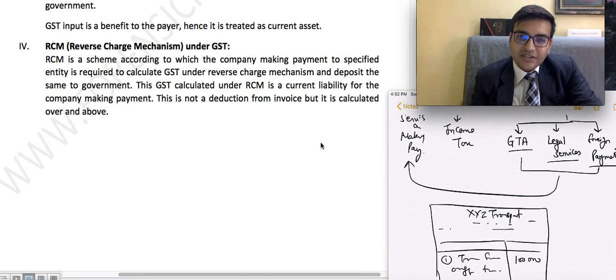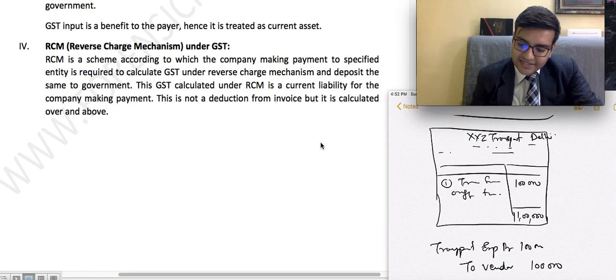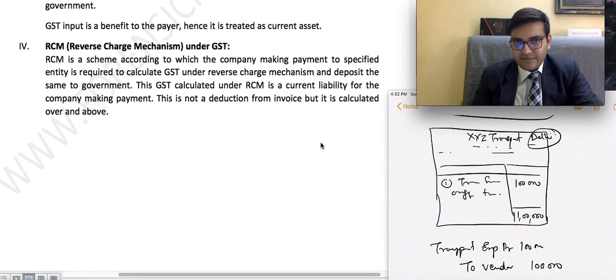If the transporter is from Delhi, then in this entry, instead of CGST and SGST, I would have debited IGST RCM, and similarly here it would be IGST RCM liability. This is the difference if the transporter is from another state. The rest of the entry will remain the same.